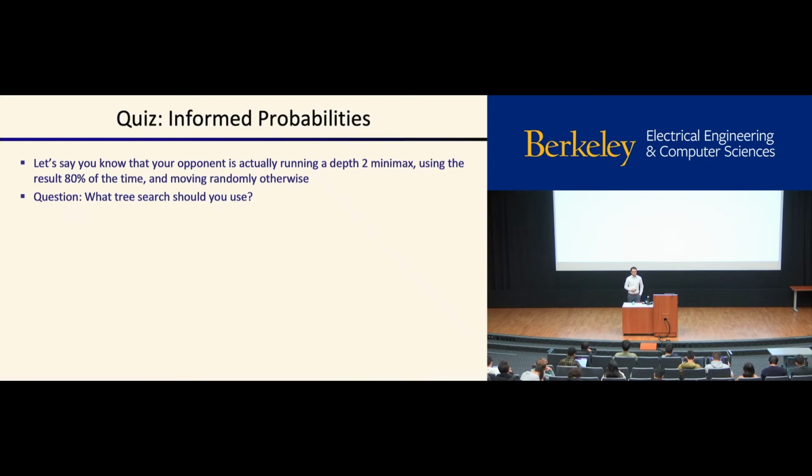Okay, so let's think about this. Imagine that you know your adversary is going to run a depth 2 minimax search, use the results of that minimax search 80% of the time, and then the remaining 20% of the time they're going to move randomly.